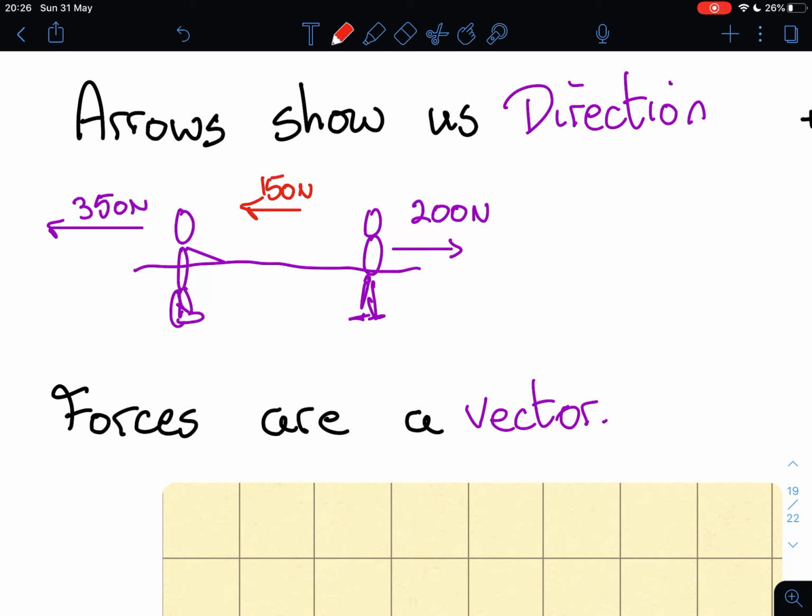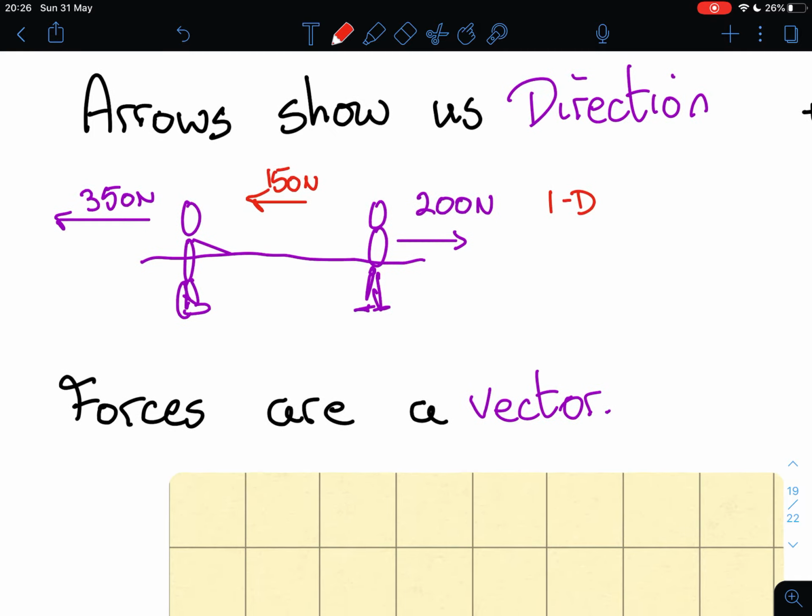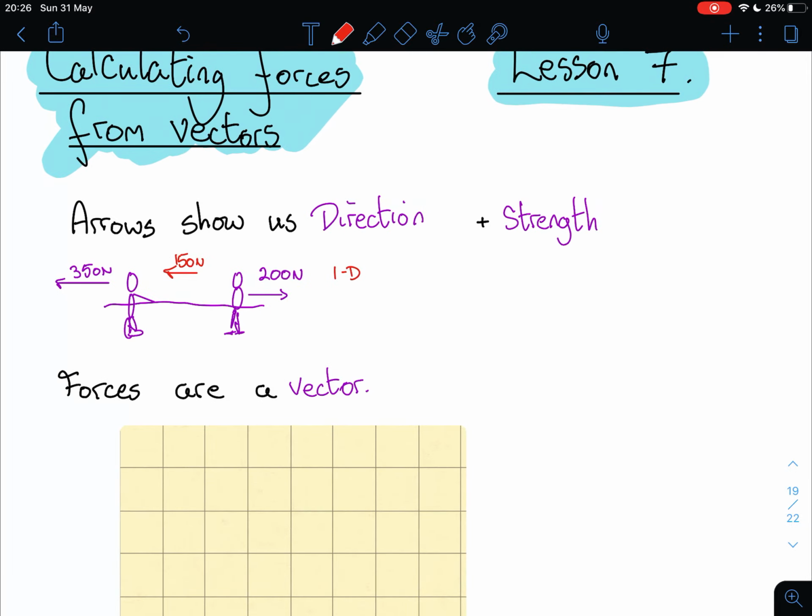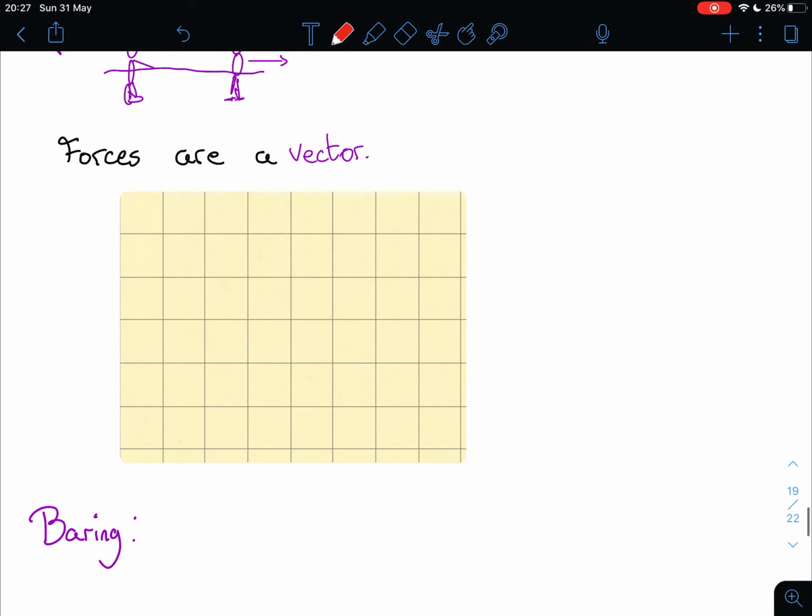So this is an example of a 1D forces question. There is one dimension of travel, left or right. There's no coming out the page, there's no going in, there's no going up, and there's no going down. That would be 3 dimensions. So what we're going to look at today is what happens in 2 dimensions.